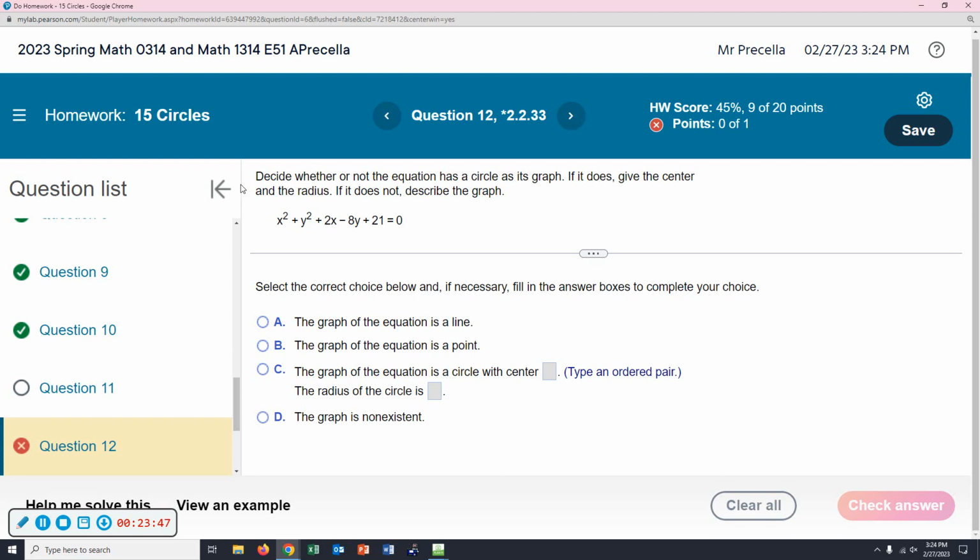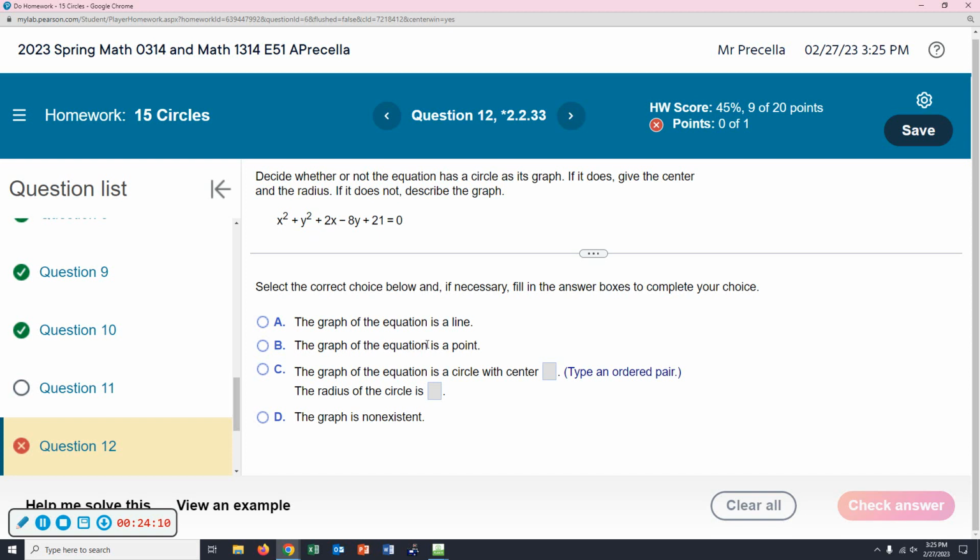I used to dislike these instructions because I was afraid it made it sound like you're supposed to just look at it and tell, oh, it's a point, or oh, it's a non-existent graph. No. The only thing you can look at and say is that it's definitely not a line.